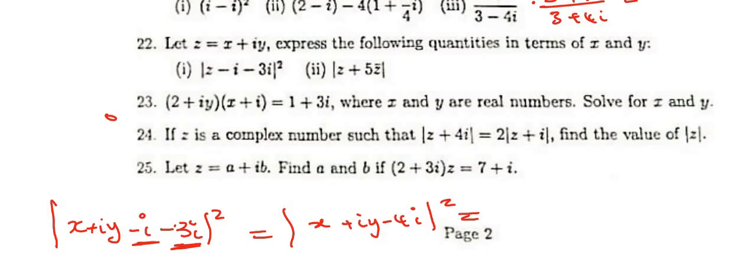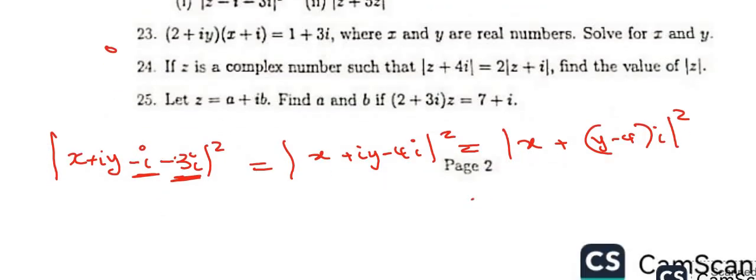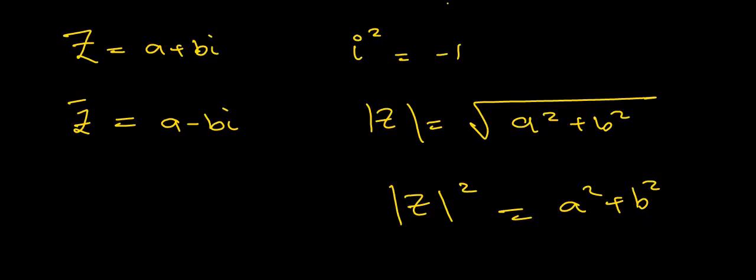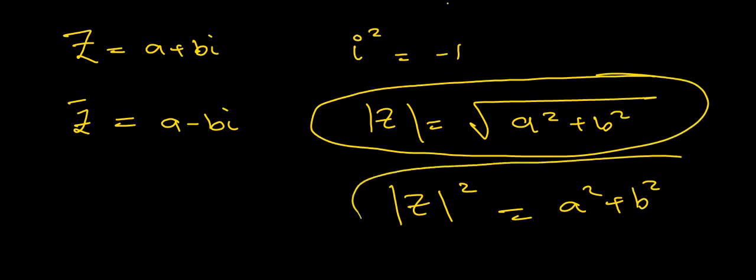Then from here we have x plus, there's y minus 4, and there's an i squared. So it's like modulus squared. We said whenever there is this, remember we said z squared is the same as the real part only, the real part x squared, and the imaginary part, that's without the square root. Remember the summary I gave you. Look at the difference. You remember this guy here and this guy here.